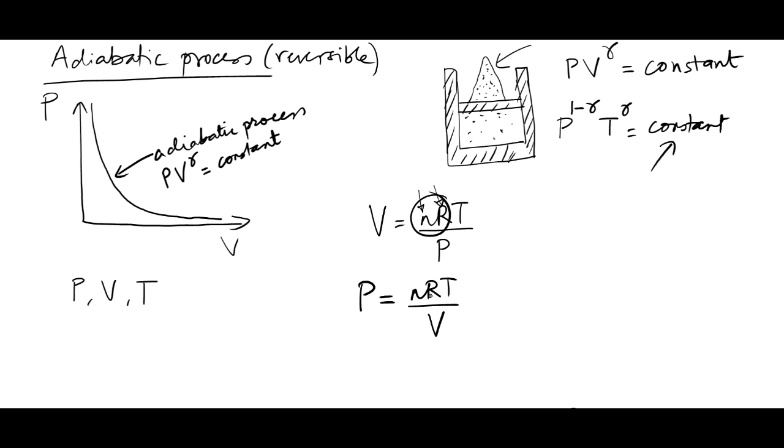And once again you treat n and R as constants and take them to the right hand side of the equation, and finally you get an equation which is T times V raised to gamma minus 1 equals constant. It's worth doing these two proofs in your book after assuming PV raised to gamma is equal to constant.